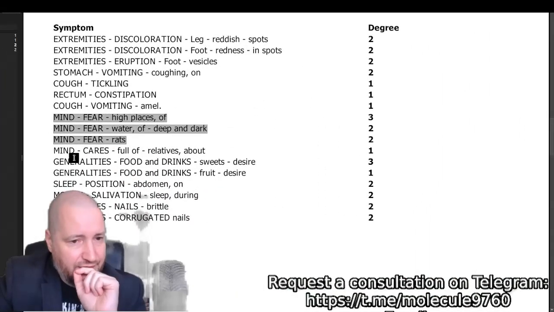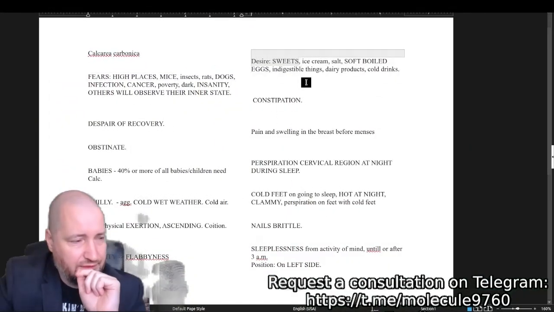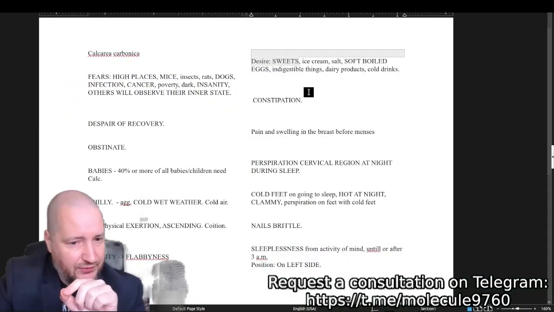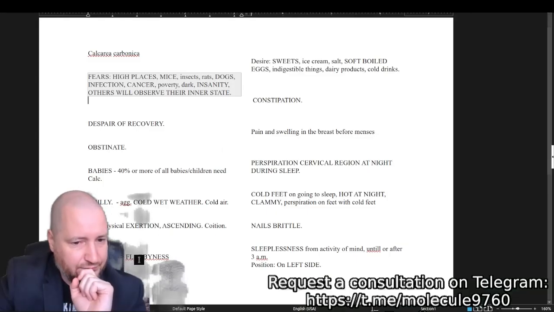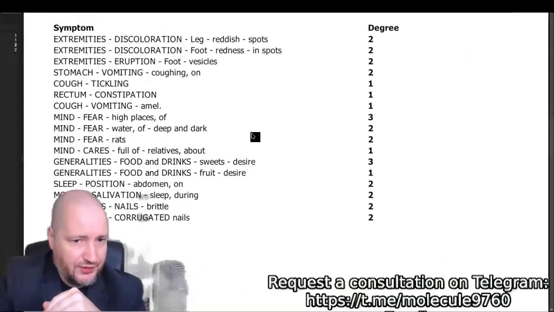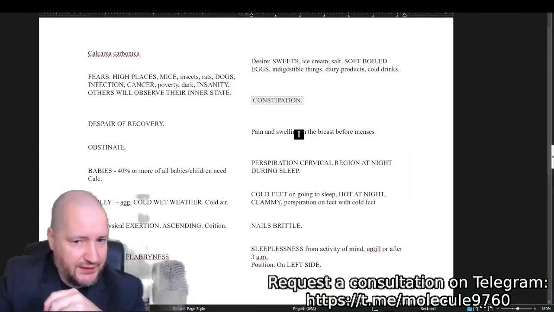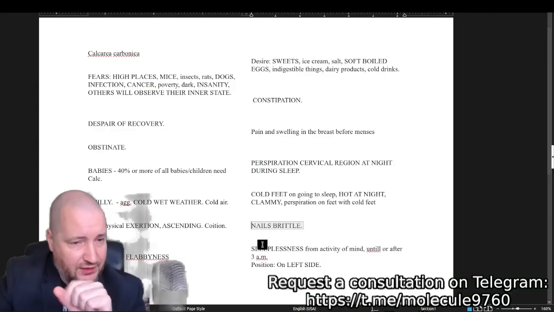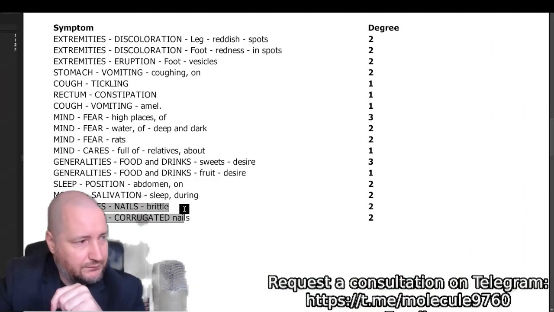I have desire for sweets. Another sphere that is matching, right? So that's the diet. And we have constipation. That's the physical sphere. Again, on the physical level, we have nails brittle.